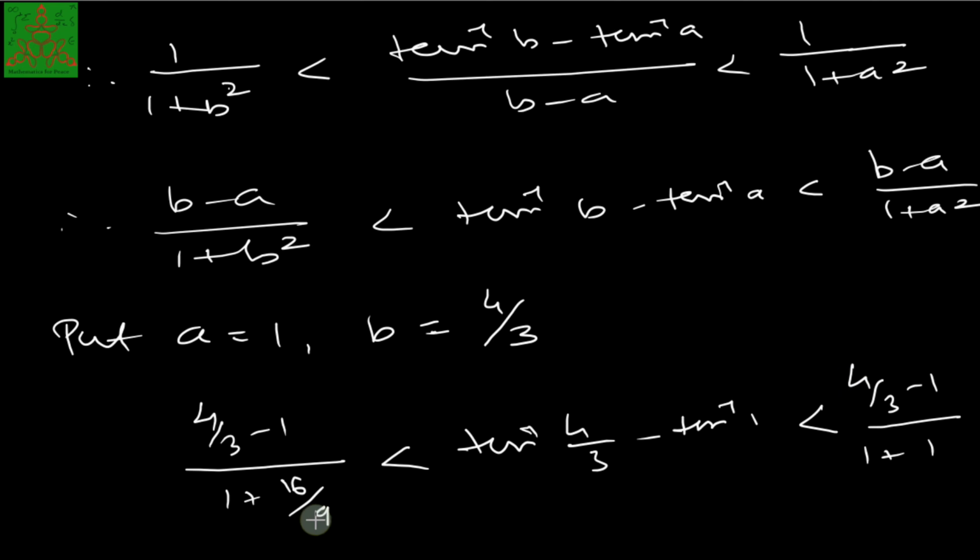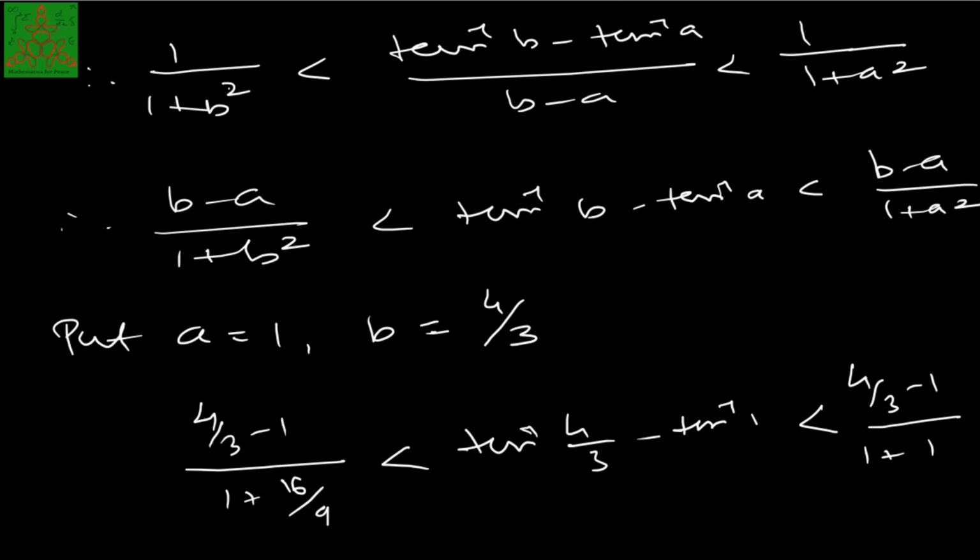This will give me 9 plus 16, so it is 25. And this will give me 3, so it will give me 3 by 25. This expression is 1 by 3 in numerator, and in denominator it is 2, so it is 1 by 6.